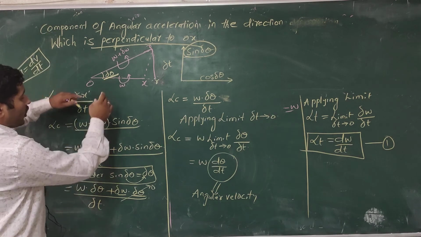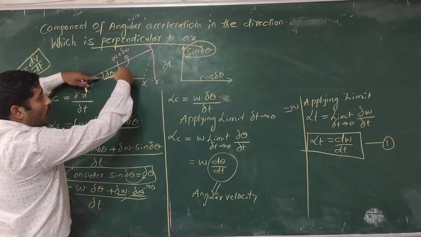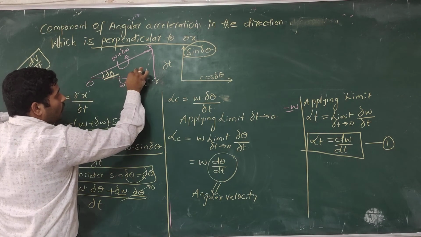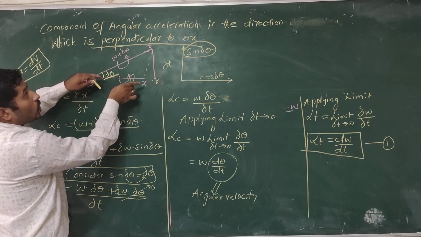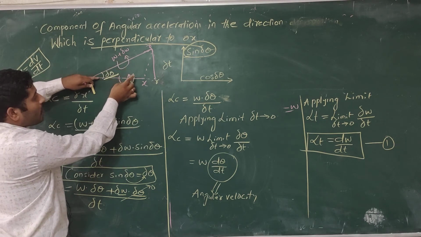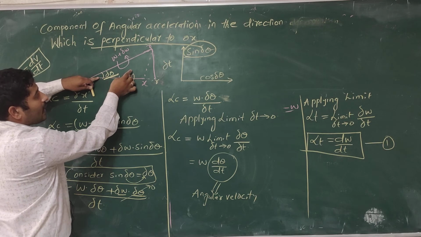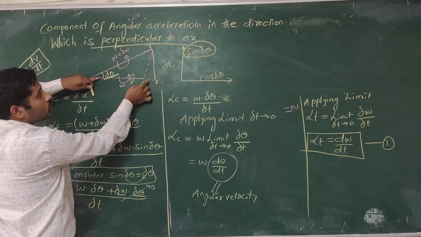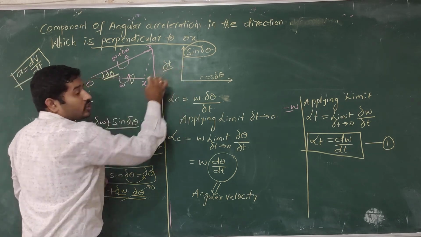See over here, if we apply some amount of force on this disc, the disc is rotating. How much? It changes by a small angle, and meanwhile a small delta t passes.